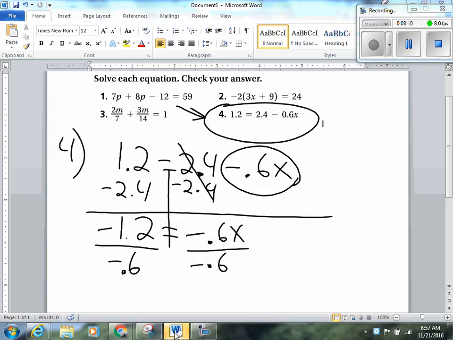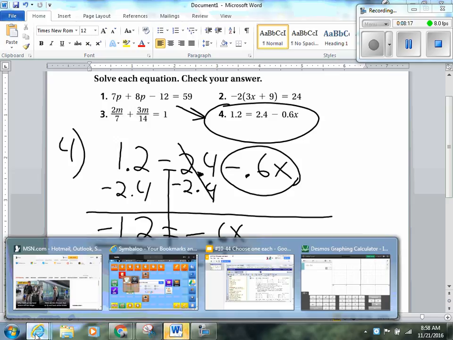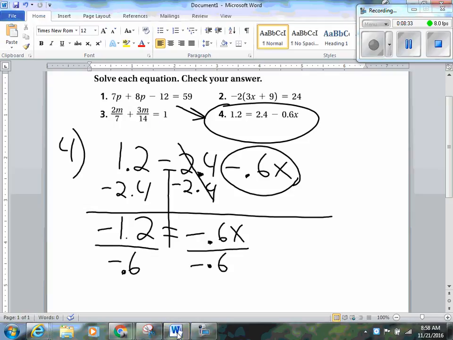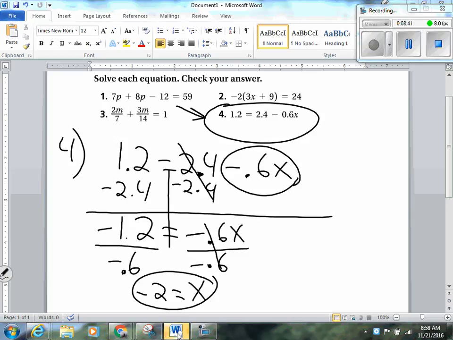When we go back to our calculator, we can do negative 1.2 divided by 0.6, and we have negative 2. So this side equals negative 2. Those cancel. X equals negative 2.